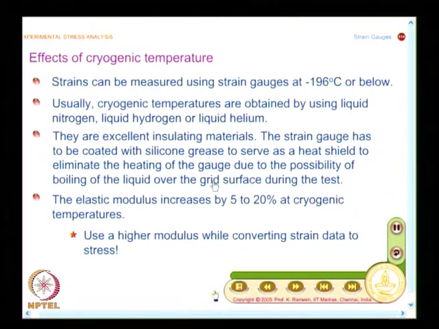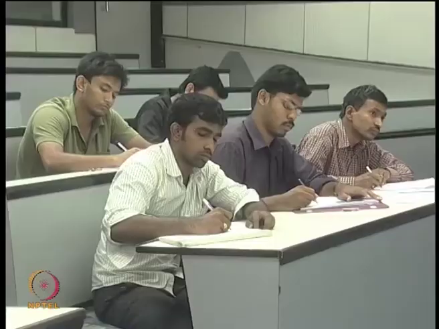So, what is recommended is the strain gauge has to be coated with silicone grease to serve as a heat shield. It is a very subtle point, I have a liquid nitrogen that can also boil, and in the process it should not disturb the strain measurement. So, the recommendation is put a coat of silicone grease.